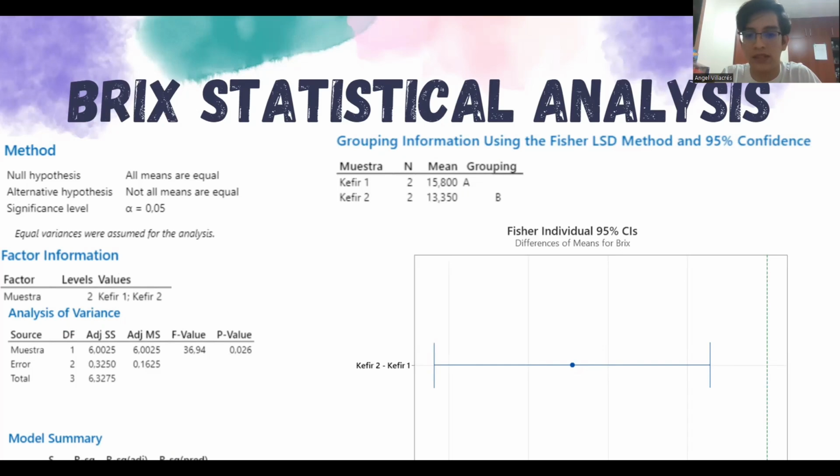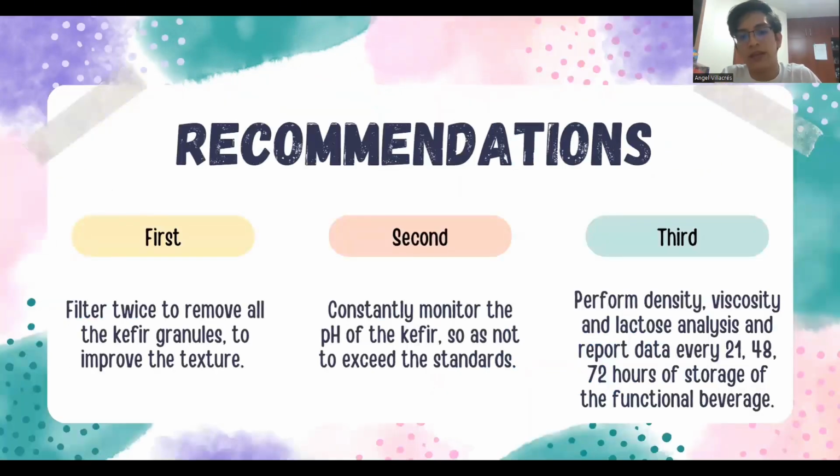Therefore, the null hypothesis is rejected, since there is sufficient statistical evidence to conclude that there are significant differences between at least some of the group means. It is recommended to constantly monitor the pH of the kefir so as not to exceed the standards.